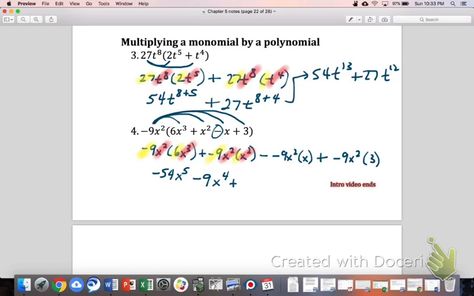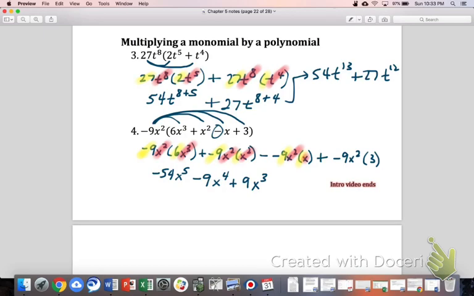Similar to before, I have a numerical base of 9 and another numerical base that's just understood to be a 1. 9 times 1 is 9. And then my variables, I've got x squared times x. Whenever you're multiplying like bases, you leave the base the same, and you add the exponents, so 9x cubed.